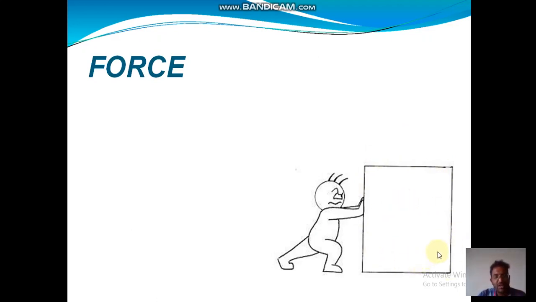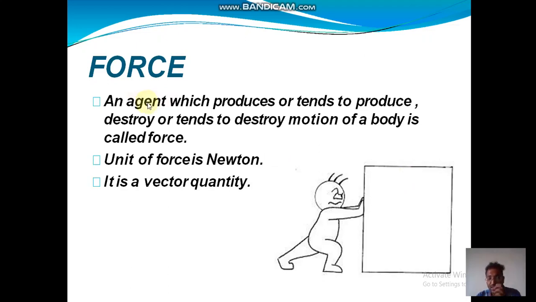This shifting is known as force. If the body is going to shift to one more place, then we can say that is a force. An agent, here agent means this person, which produces or tends to destroy motion of a body, we can say is force. The very important unit for force is Newton, and it is a vector quantity, meaning it has both magnitude and direction.